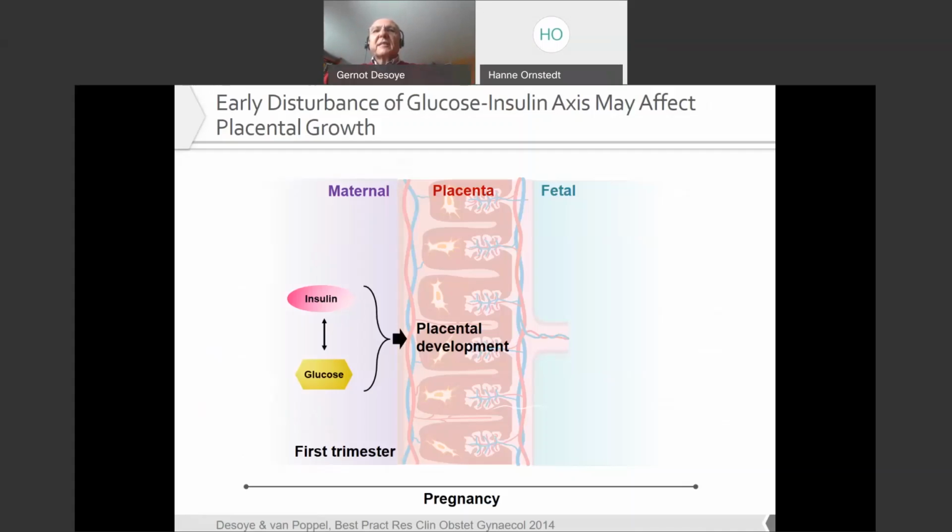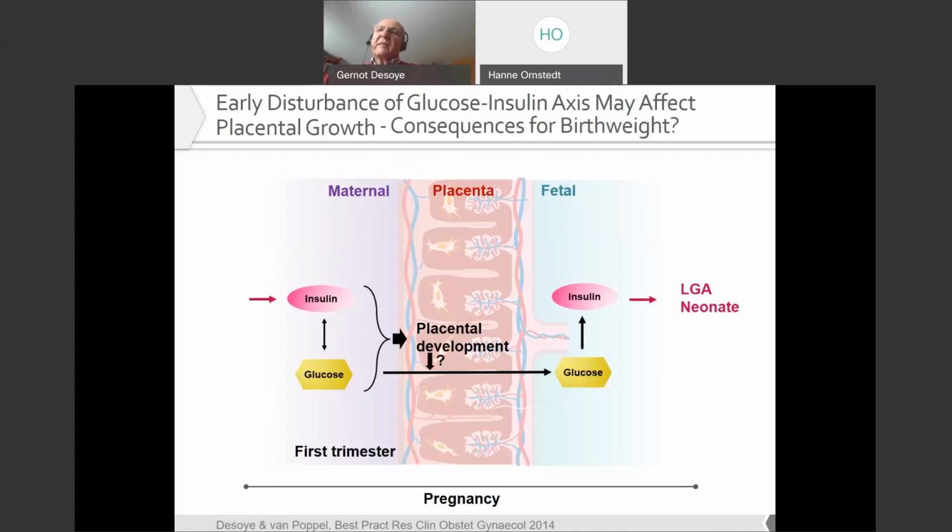So that leads us to the concept that we already hypothesized very early on, 6 years ago, that a disturbance of the insulin glucose axis in the first trimester may affect placental growth.